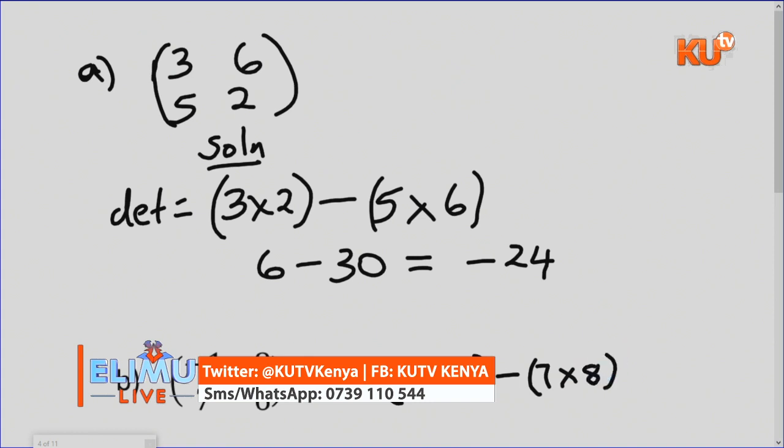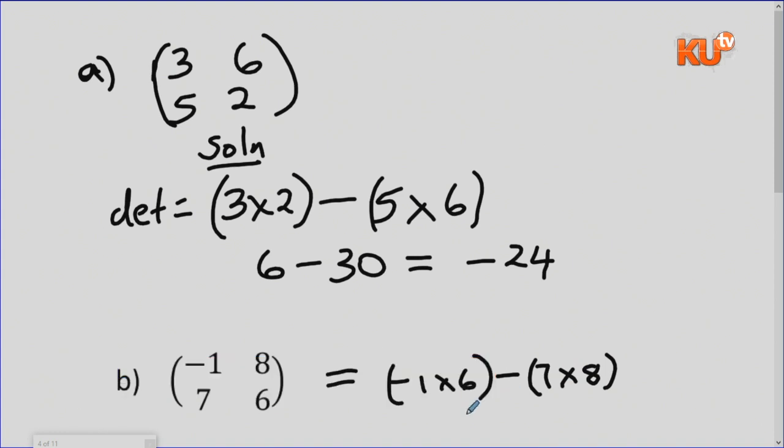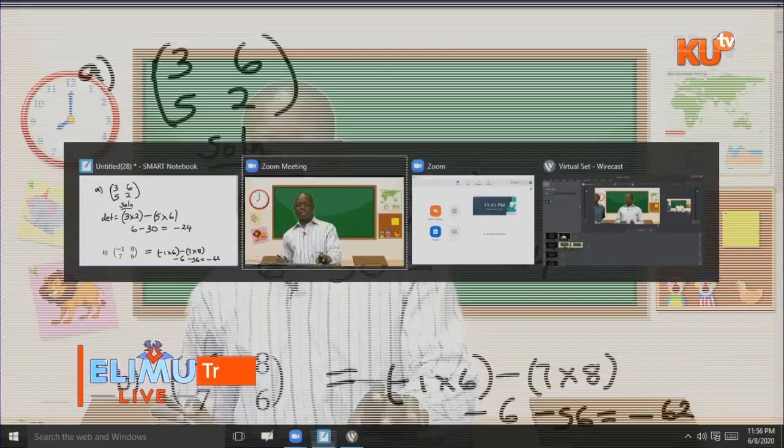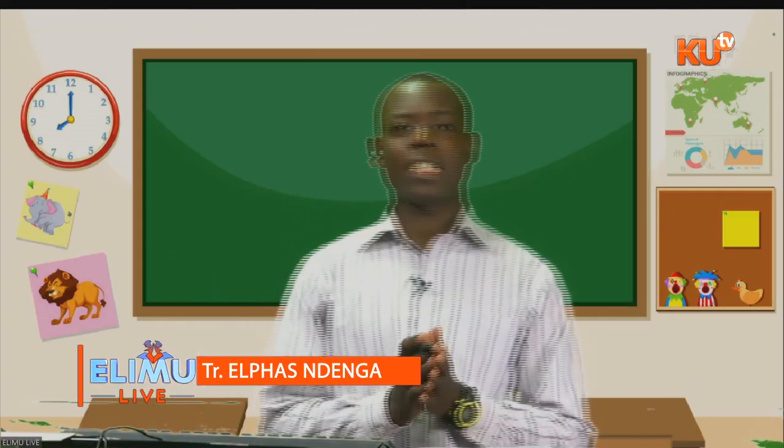So students, if you are able to follow this, what is negative 1 times 6? Negative 1 times 6 gives us negative 6. Minus 7 times 8, which is 56. And so our determinant is negative 62.